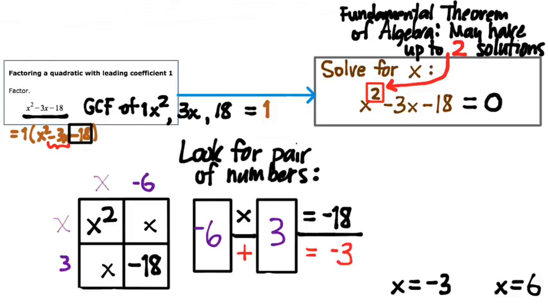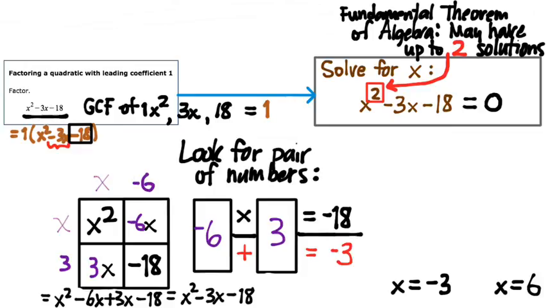So if I remultiply in this table, the upper right-hand cell is going to be negative 6x. The bottom left is going to be 3x. And if I then combine all those terms back together, x squared minus 6x plus 3x minus 18. Sure enough, when my like terms combine, I get back to x squared minus 3x minus 18, which is where we started, which means that we have a valid factorization.